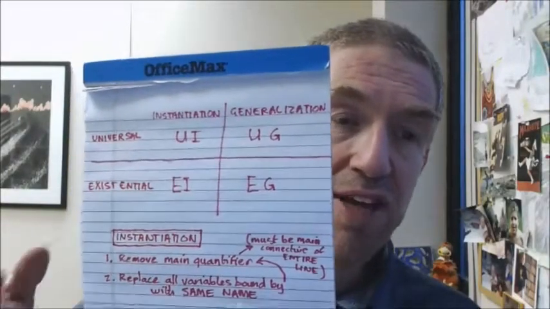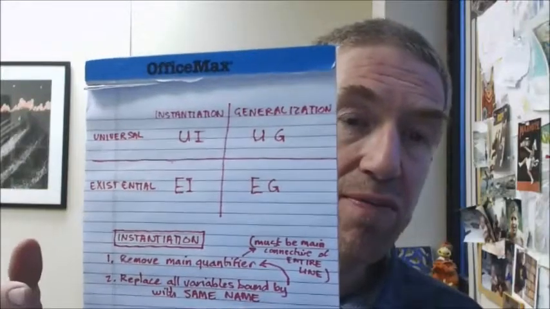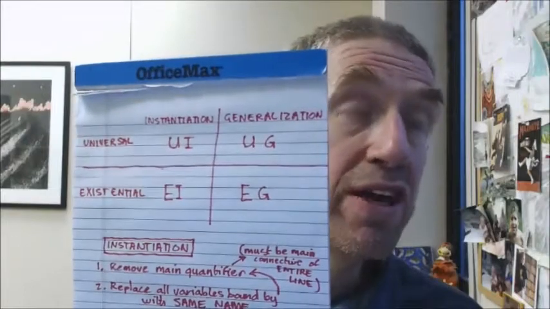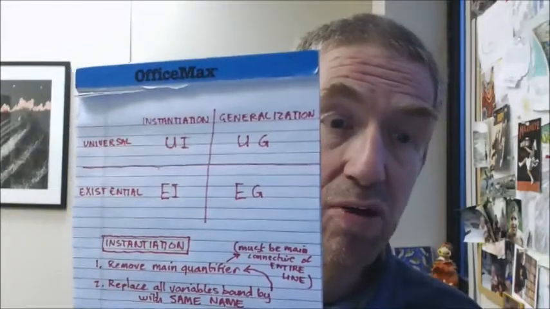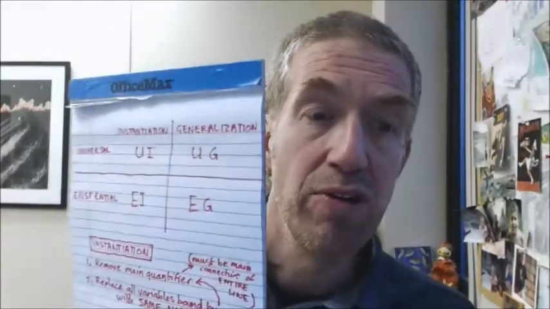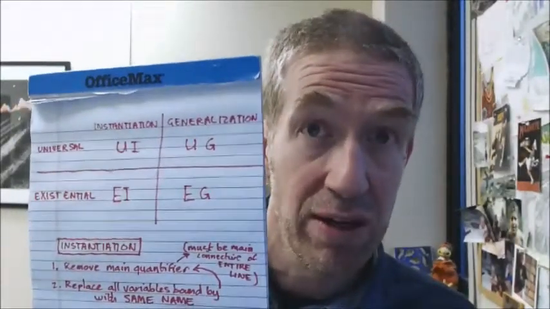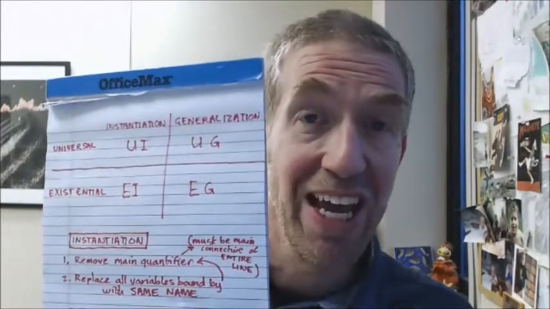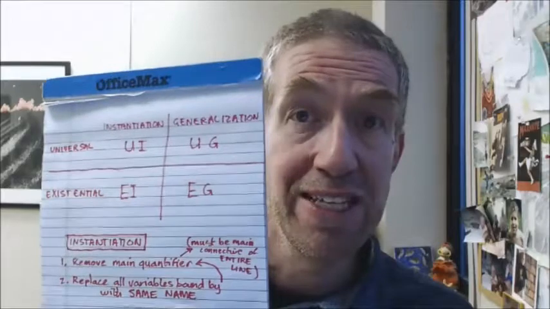Okay, instantiation. What do you do? Well, first of all, you remove the quantifier. Now remember, this is an inference form, so as with all inference forms, it applies to the entire line. So you can only do, and this is very important, this applies to your homework, you can only do instantiation if the main connective of the entire line is a quantifier.